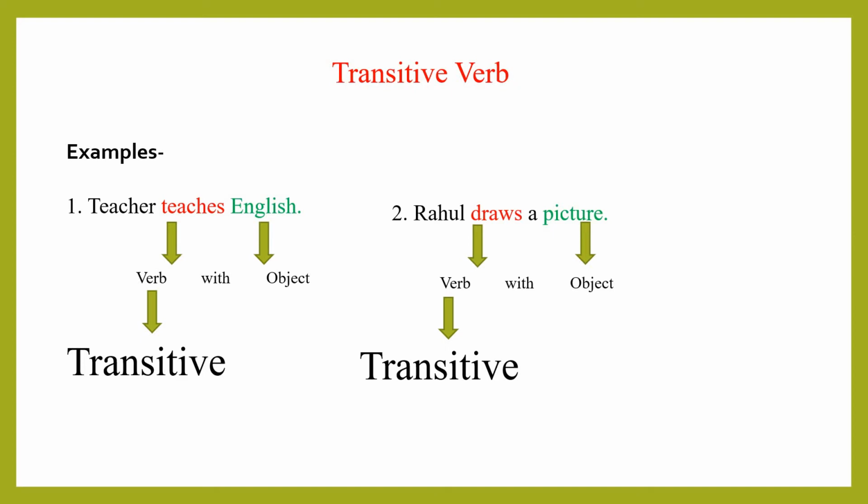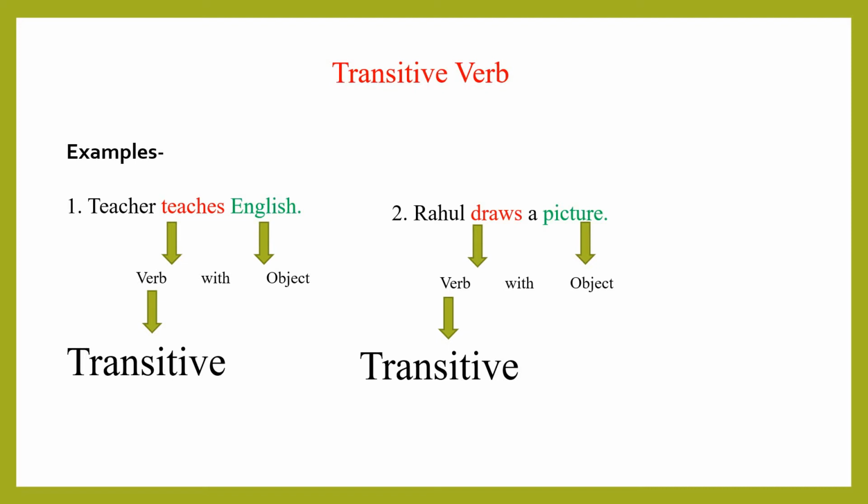Let's see the examples. Example 1. Teacher teaches English. In this sentence, the word teaches is a transitive verb. Example 2. Rahul draws a picture. In this sentence, the word draws is a transitive verb. Students, you know very well that a sentence has three main components: subject, verb and object.